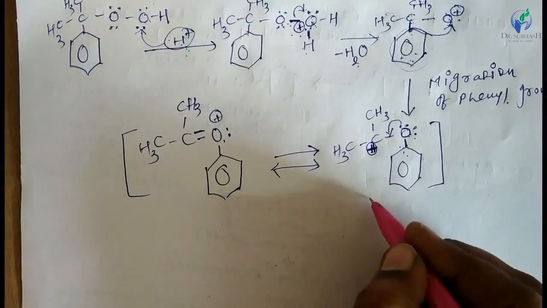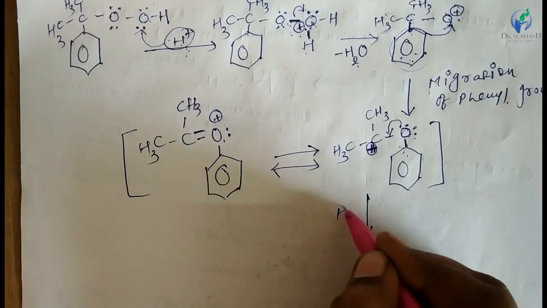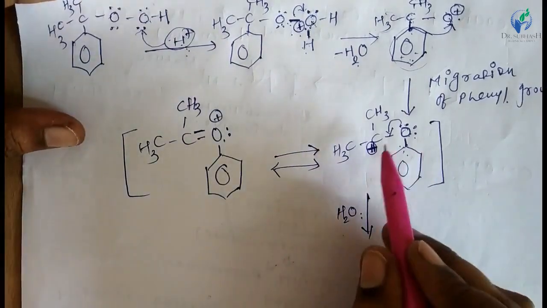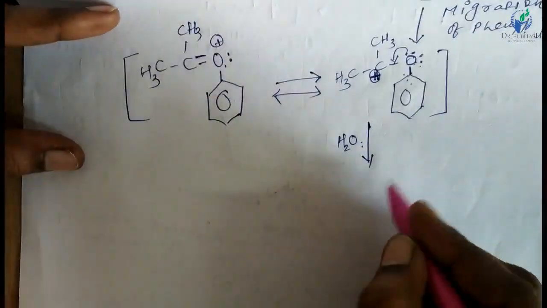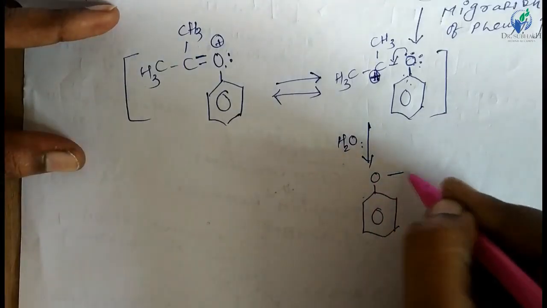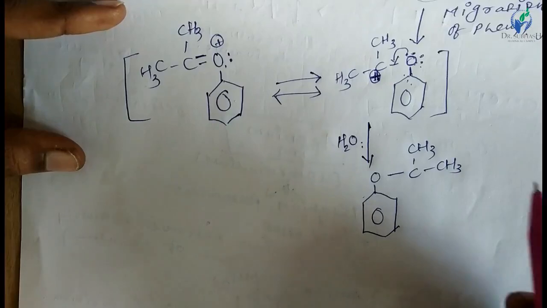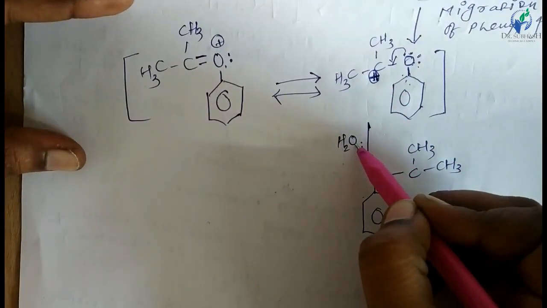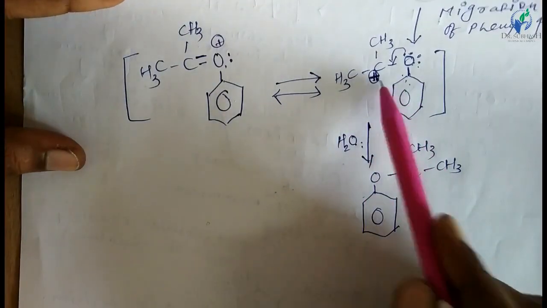Now the next step is the addition of the water molecule, right? Addition of the water molecule to this positively charged carbon atom. See what happened. Now again, the oxygen of the water molecule uses its lone pair of electrons to make a bond with this positively charged carbon.